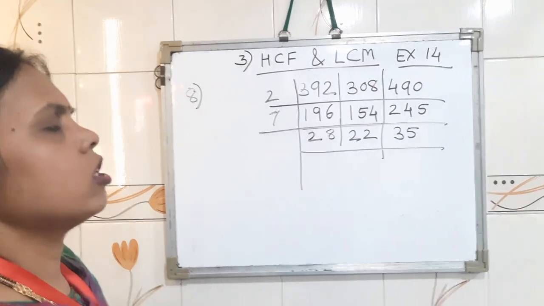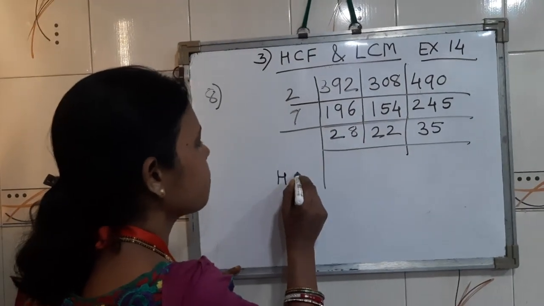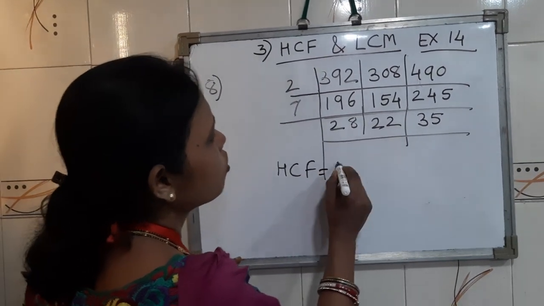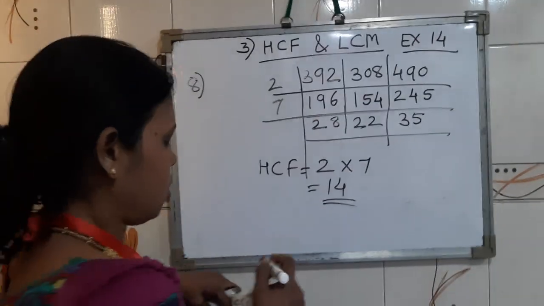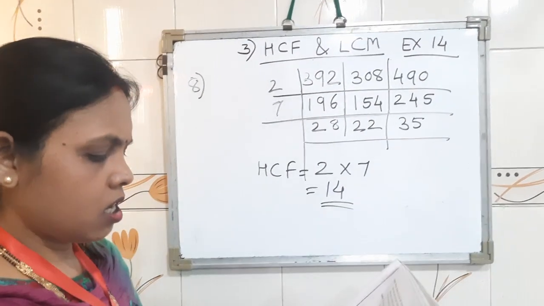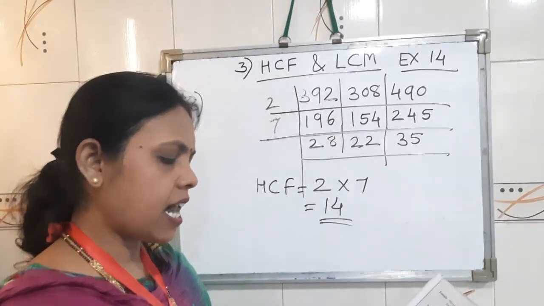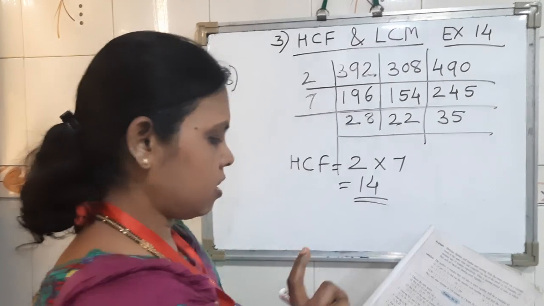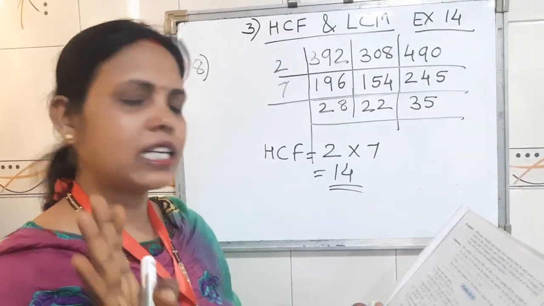Directly from here we will find HCF. Therefore HCF equals 2 into 7 equals 14. So children, here a trader has the greatest length of string 14. The bundles can be cut up into without any leftover string.